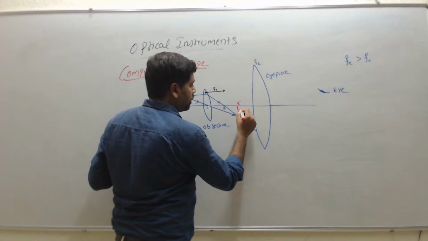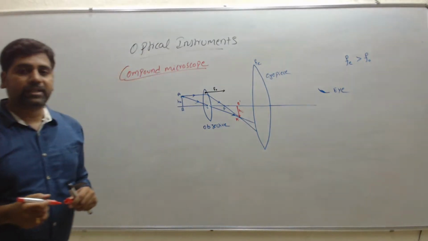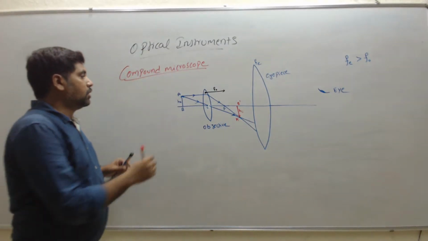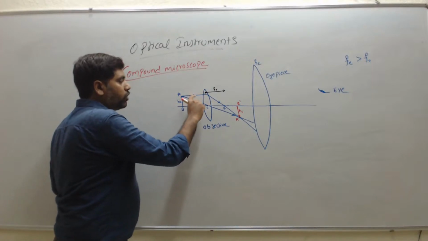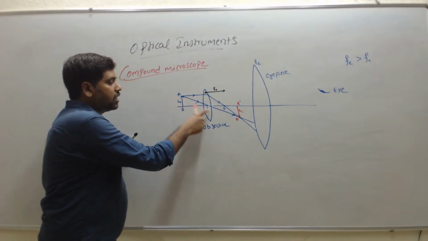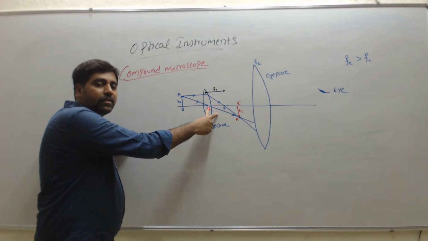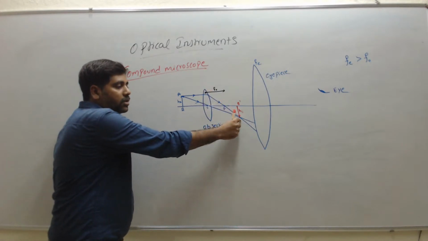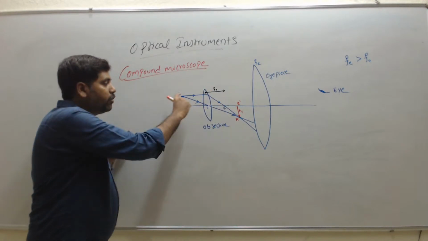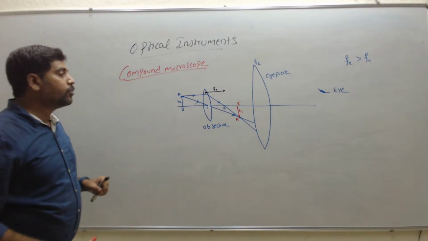So this one is the height of the image, right? These two refracted rays, one parallel to the principal axis and another passing through the optic center, converge at that point. That point gives the image of the object AB.